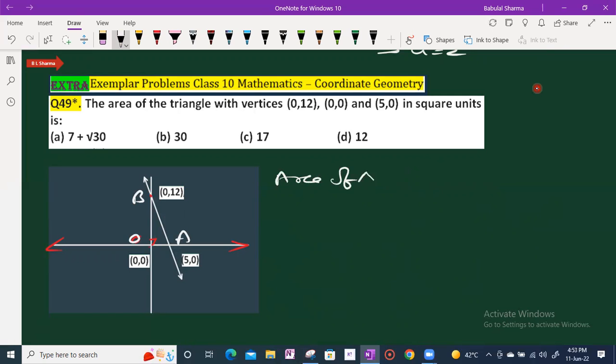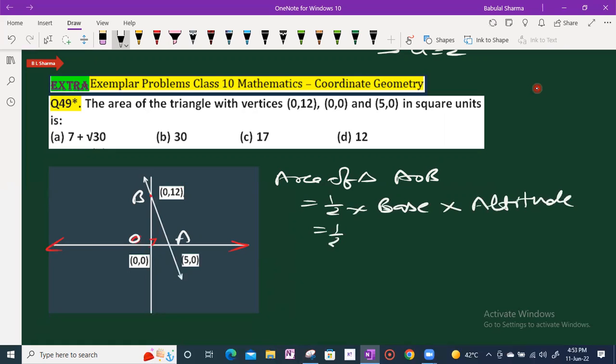Area of triangle AOB by the formula is 1 by 2 into base into corresponding altitude. 1 by 2, the base is OA and the altitude is OB. See, what is the distance here? O to A is 5 units.